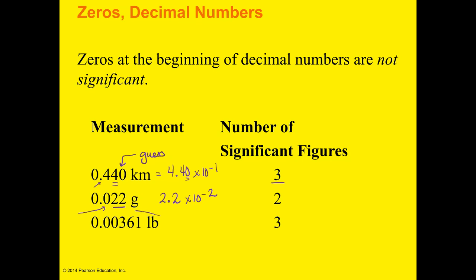Okay, so reason this one out. 3 sig figs. Those zeros do not have a non-zero digit out in front. And then if you want, you can double check yourself. This would be 3.61 times 10 to the negative 3. So that's 3 sig figs.